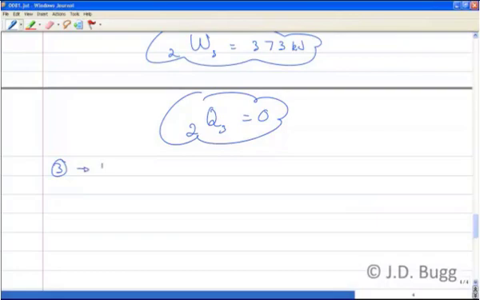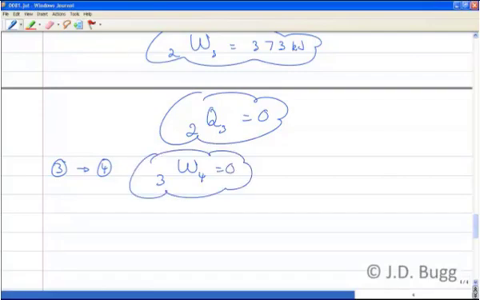3 to 4, the work from 3 to 4 is 0 because it's a constant volume process. The heat transfer from 3 to 4 we get from the first law.